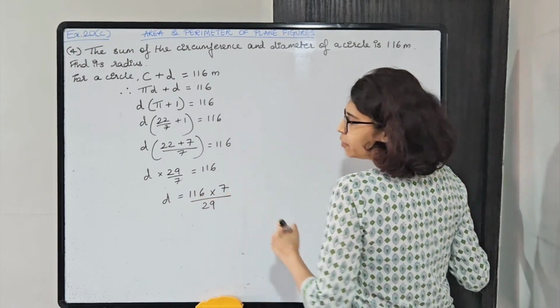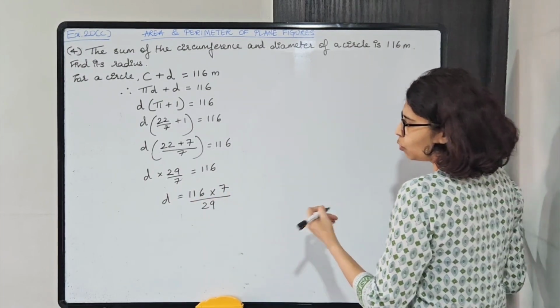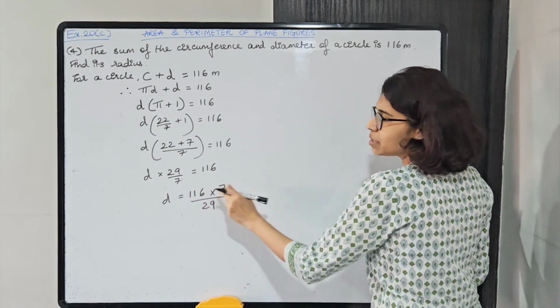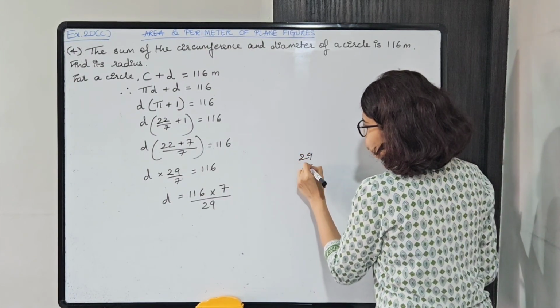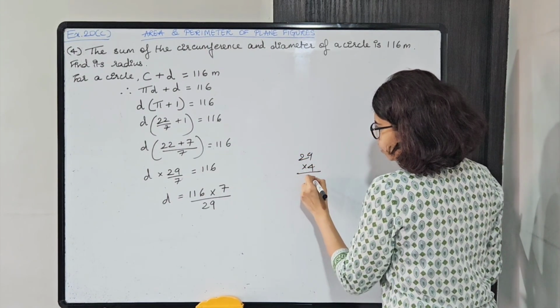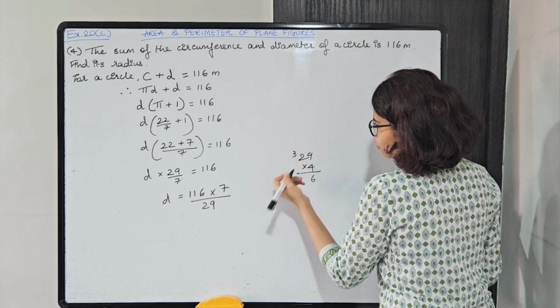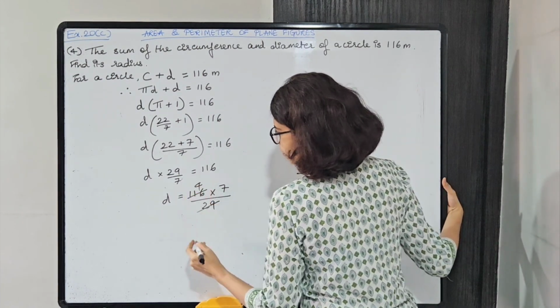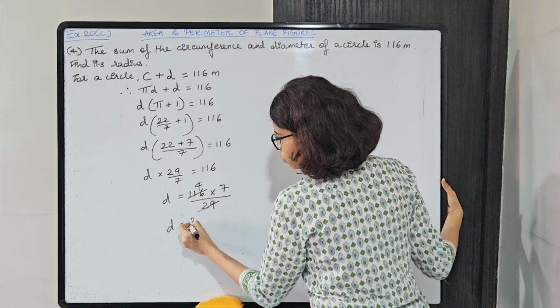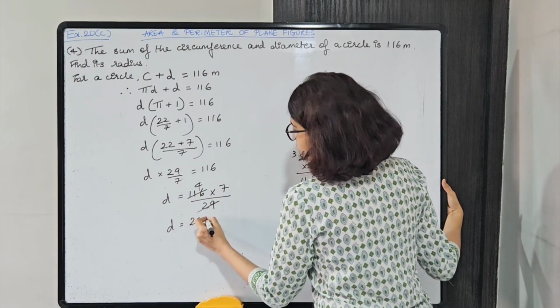29 into what will give me 116? So 9 के टेबल में 6 कब आता है लास्ट में? 9 4s are 36. So 29 into 4 देखते हैं. 4 2s are 8, plus 3 is 11. So yes, 29 4s are 116. So d is equal to 28 meter.